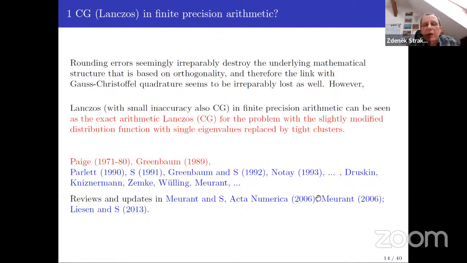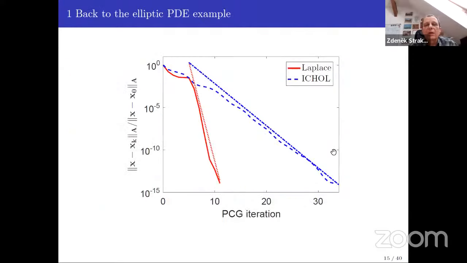Fortunately, we have this very nice theory, mainly due to Chris Paige and Greenbaum and many others, which says that in finite precision arithmetic, essentially we can work with exactly the same model. We can again work with the distribution functions, only we have to replace individual eigenvalues by tight clusters. And we can use essentially the same mathematical theory. So rounding errors will not cause a problem to our reasoning. Again, that's what we are going to describe.